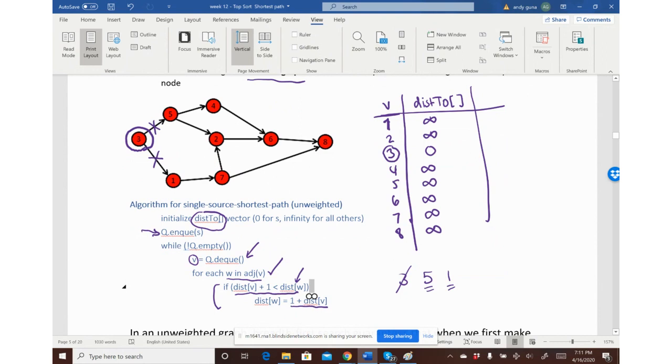Distance to V is 0, since right now V is 3. So I'm just going to update 1 and 5, because infinity is bigger than 0 plus 1, and therefore they get new values. Do you have any questions?